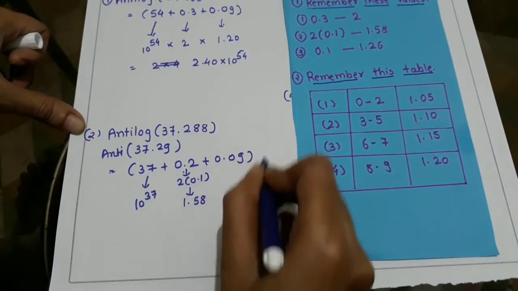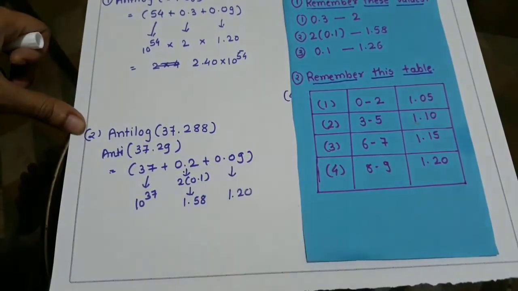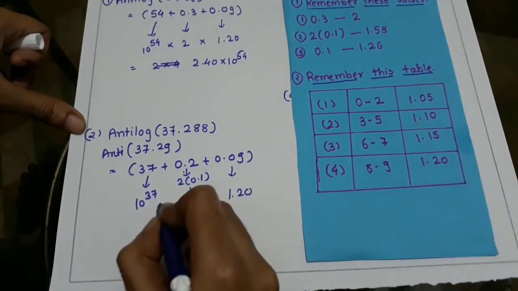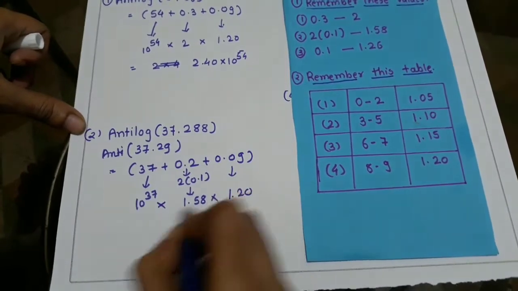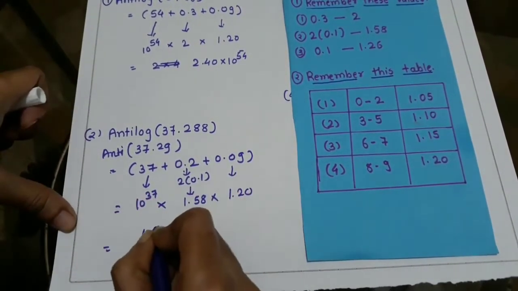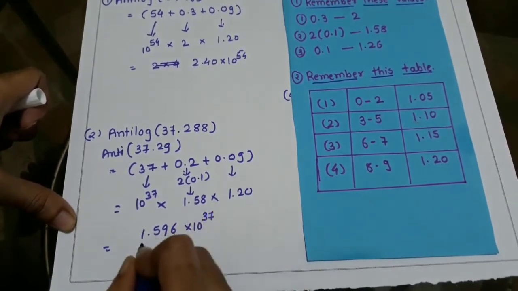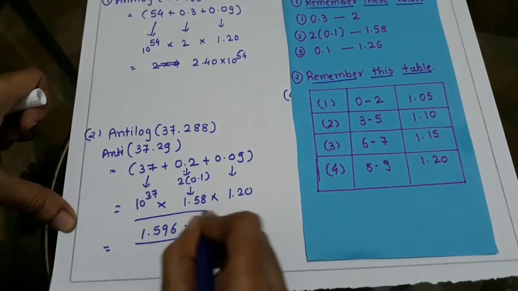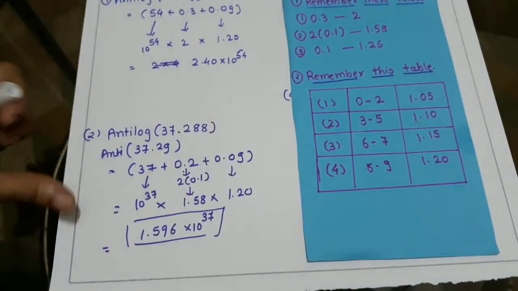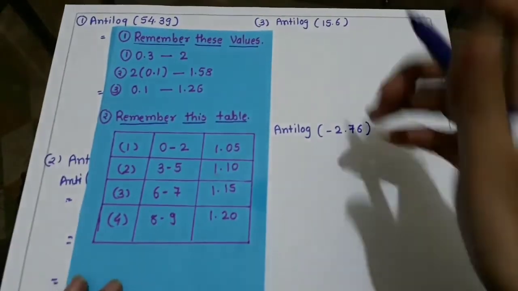Now for 9, the value is 1.20; we have to see this number over here. Now we multiply all these numbers. After multiplying we get the answer 1.596 into 10 raised to 37. This number is the antilog of 37.288.